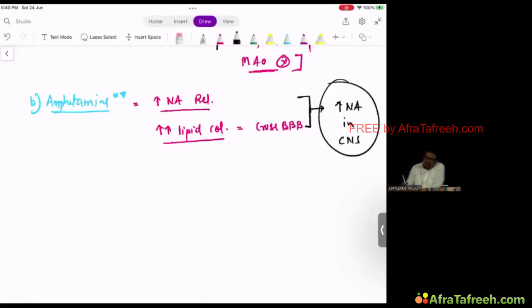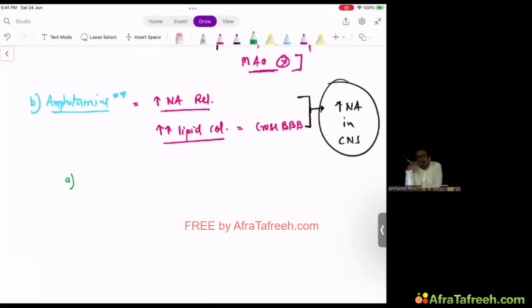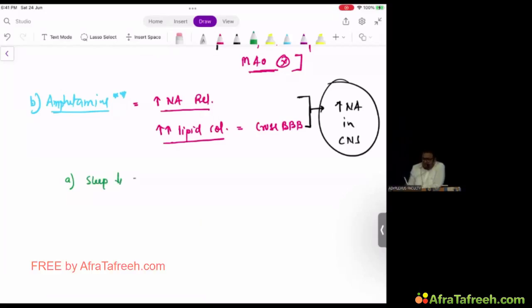Now what will be the result of such a drug? When Na increases in CNS, what is happening? Tell me. When Na increases in CNS, do you feel sleepy or active? So sedation, sleep decreases. That is the first action. When do you want to decrease sleep?